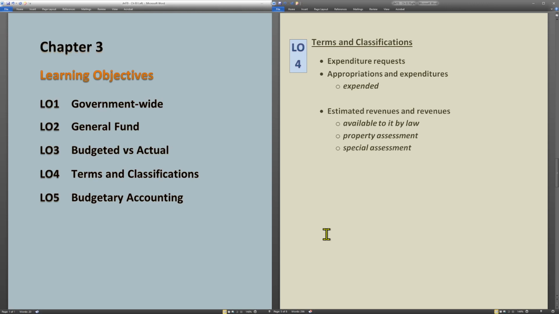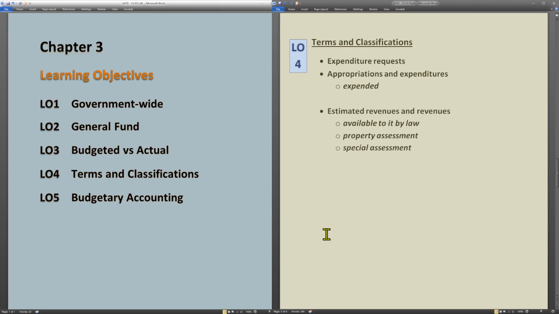Just remember, this is your first exposure to it, so it is going to seem strange. I'm not trying to make you a governmental accountant or a nonprofit accountant. I'm basically just trying to expose you for the first time so that if you go on to study for the CPA exam, you'll have at least heard most of these concepts, and you can then solidify them as you study.